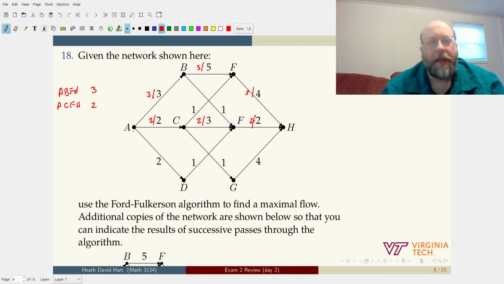No, we can't do that either, because if I go down here, and this is the only way I can go from A right now, I can't backflow along this edge because it's empty. I could back up to C because this isn't empty, but I can't then back up to F because I can't go forward to F.